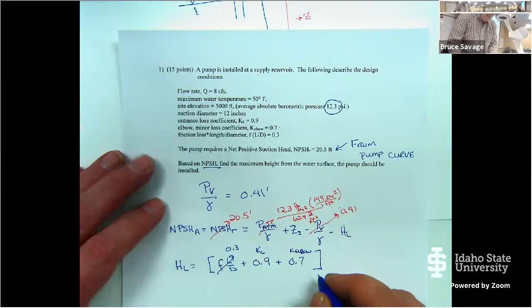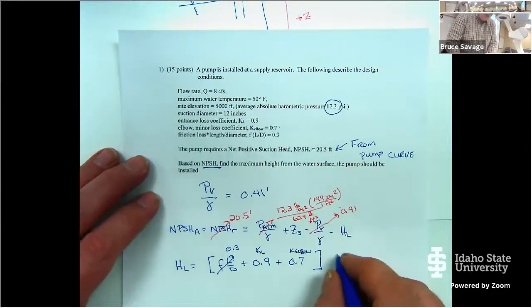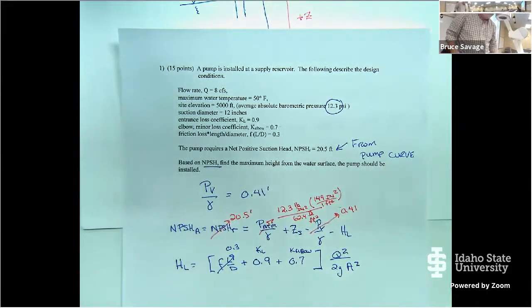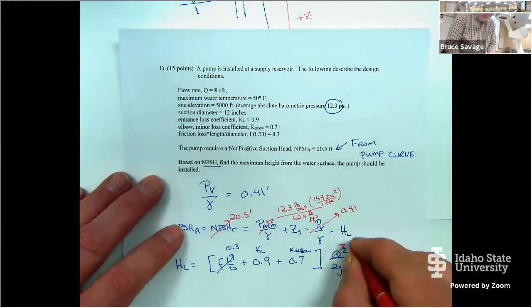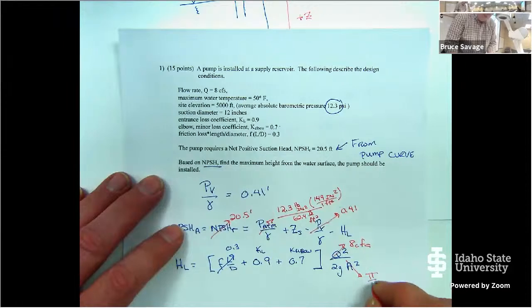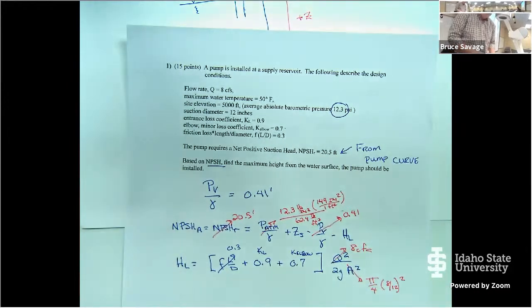And all those are going to be multiplied by Q squared divided by 2G A squared. Of course, Q is 8 CFS, and the area is pi divided by 4 times 8 divided by 12 squared, and then I'm going to square that whole thing. So given that, I can crank this out.